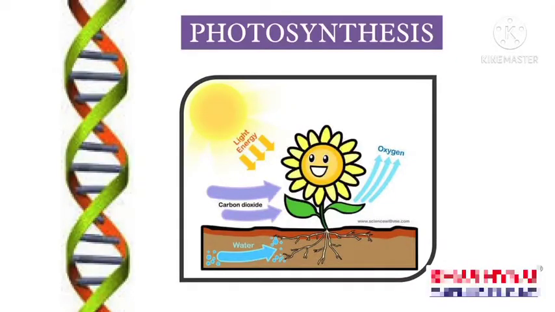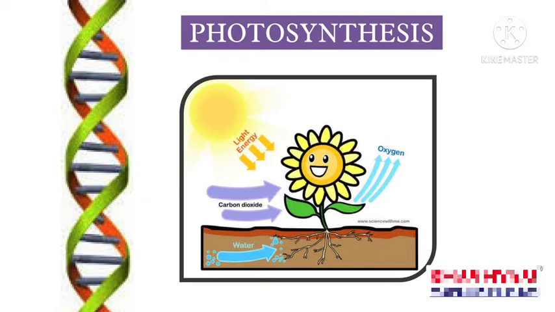Now look at the picture, children, how the plants are using the different materials for the photosynthesis process. See, here the water and minerals are taken from the soil, whereas energy they are getting from the sunlight, and gases like carbon dioxide they are taking in, isn't it? And look at the leaves, they contain the chlorophyll pigment.